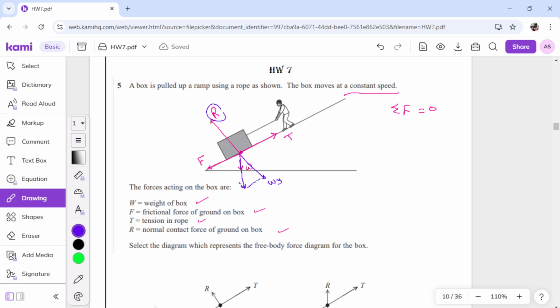Also, weight has a horizontal component here. Okay, so as you see, R equals Wy. So T must equal both F friction and W horizontal. So the vector T must be longer than vector or arrow F.